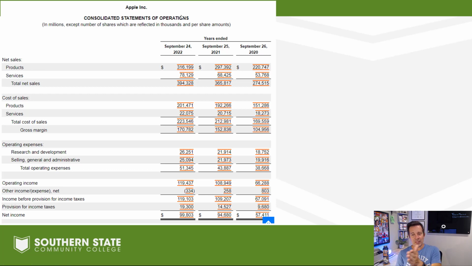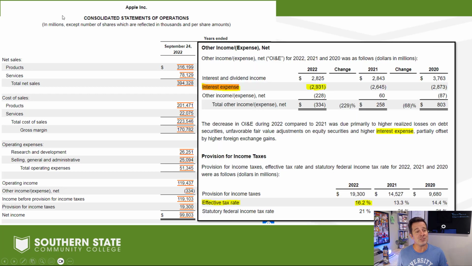You've got to do a little digging into the notes for the financial statement. In your homework, you won't have to do that. Cengage will give you the tax rate, and they'll give you interest expense, and you'll just plug the numbers in, and you'll live a very happy life. But in the real world, you've got to dig around a little bit in the notes.